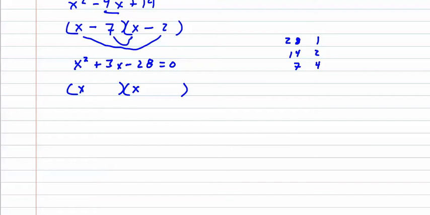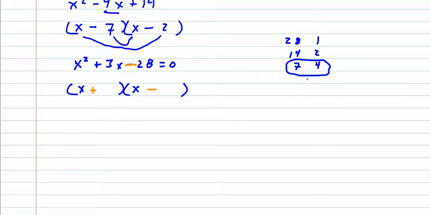But since that's a negative, one of these is going to have to be positive and one's going to have to be negative. Now, it doesn't really matter which way it goes because you're going to check. I usually start with the numbers that are closest together.